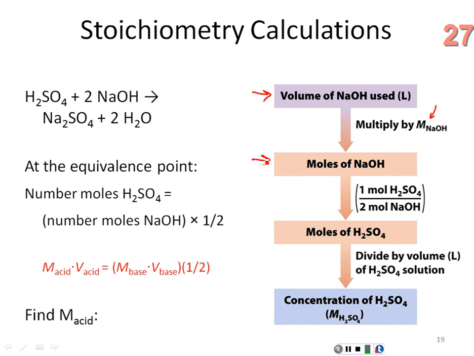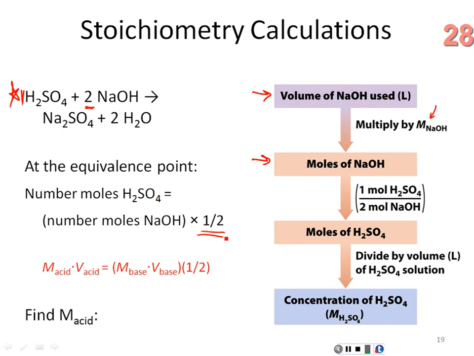And this is where it becomes important to use the chemical equation shown here. Now if you notice, for every 1 mole of sulfuric acid, you need 2 moles of sodium hydroxide to react with it. Because at the equivalence point, the number of moles of sulfuric acid is equal to the number of moles of sodium hydroxide times 1/2. Usually, this is a very important step.